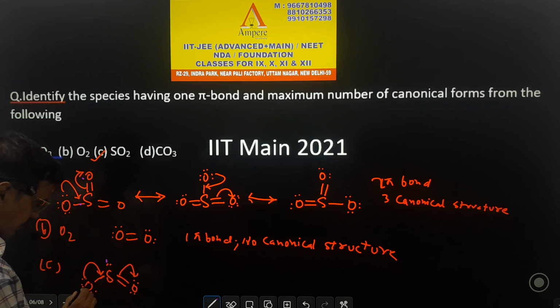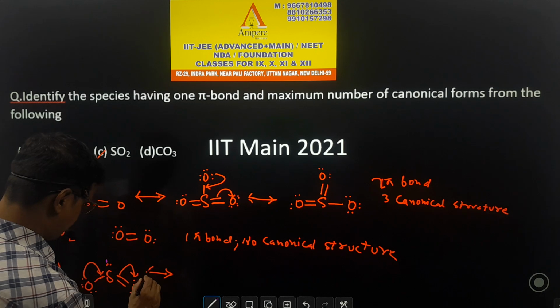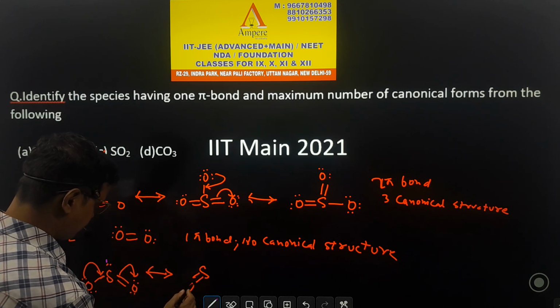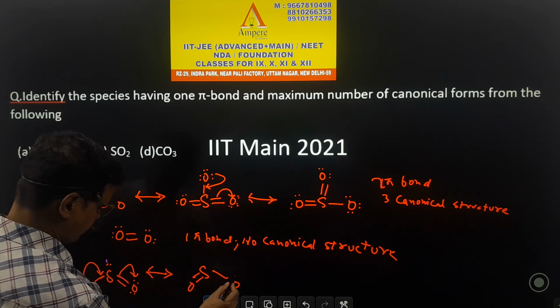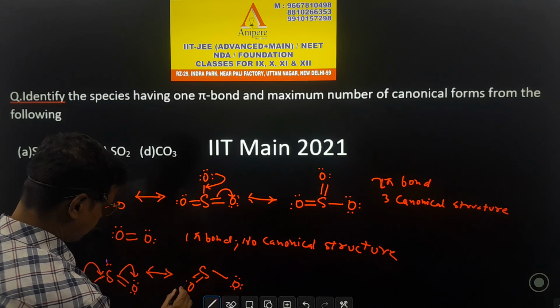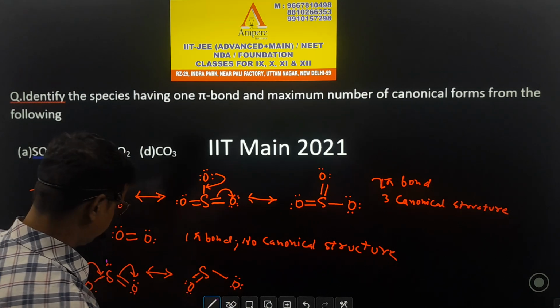So here will be single bond, here double bond. So the canonical structure will be sulfur here, double bond oxygen, here single bond oxygen. Here 3 lone pairs of electrons, and here 2 lone pairs of electrons.